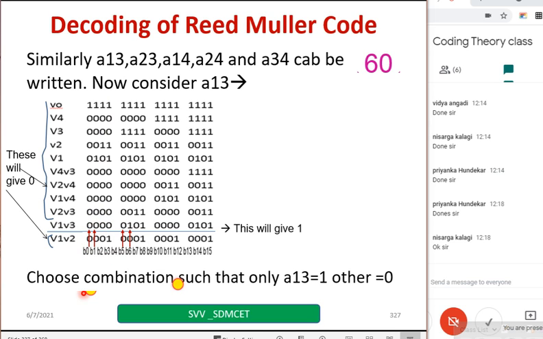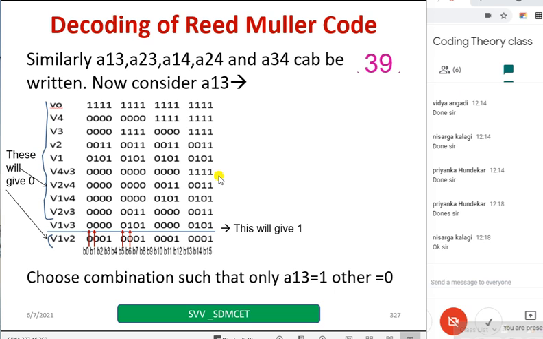I have to consider those rows and I have to write the equation. A13 equal to B0 plus, can you type in the chat box what's the equation? Try. So B0 is mentioned, B1 is mentioned, then I have to add B5, I have to add B6.